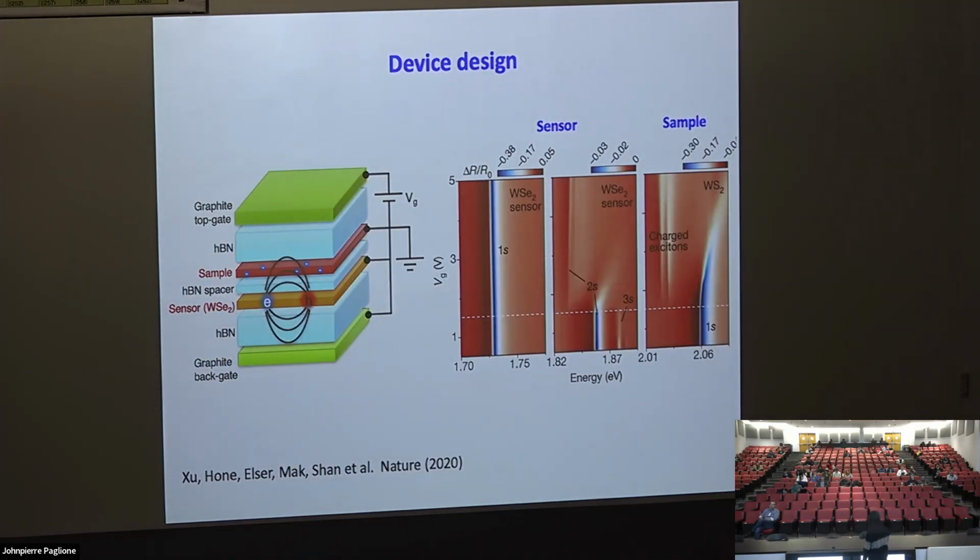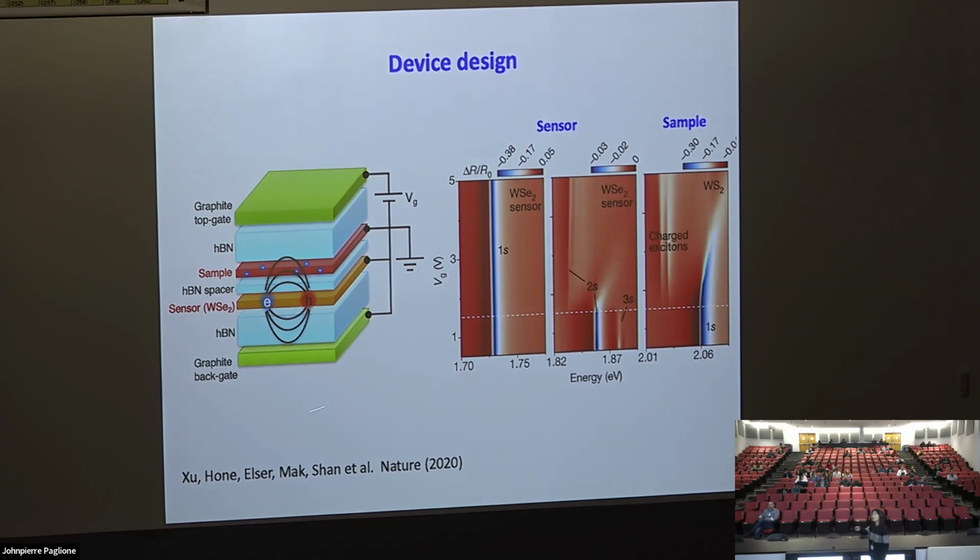And this will give me some sensitivity to, for example, the correlated insulating state or any other insulating state. So this is the device structure. Now, in addition to the sample between the two gates, I want to stick a sensor right here. And that sensor is just a monolayer of a semiconductor. In this case it would be tungsten selenide, because high quality crystals are available, grown by Jim Holmes' group, whom you have seen on Monday.